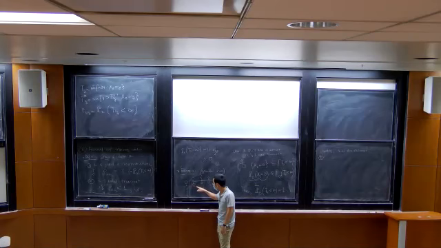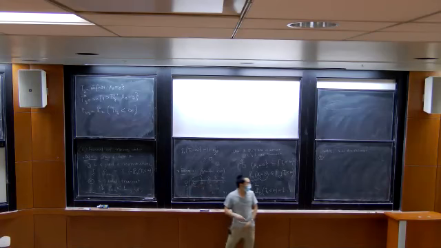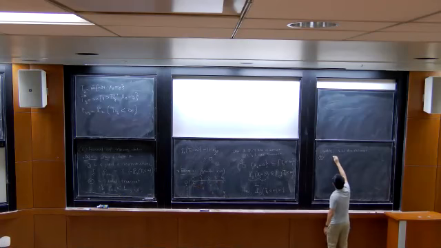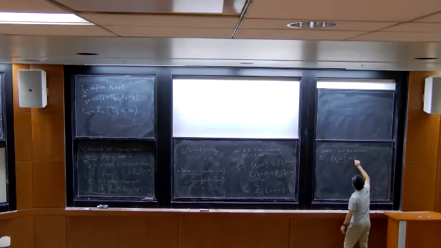And at the moment I hit 0, I'm going to stay there forever. That means I will never come back to 1. So the event X_1 equals 0 does imply I will never go back to 1.